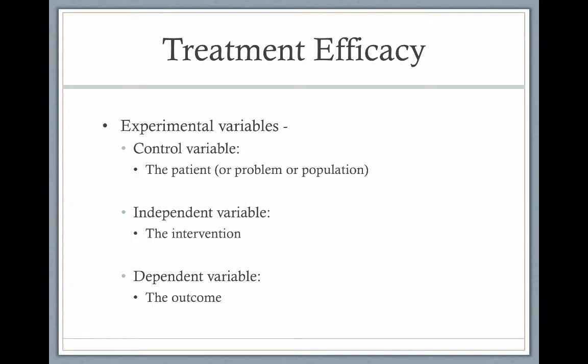Our experimental variables, if you remember, we have our control variable, which is the patient or the problem or population, the independent variable, which is the intervention, and the dependent variable, which is the outcome. So the independent variable is the intervention, and the dependent variable is the outcome when we're studying treatment efficacy.